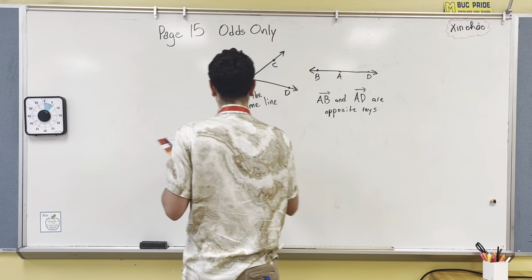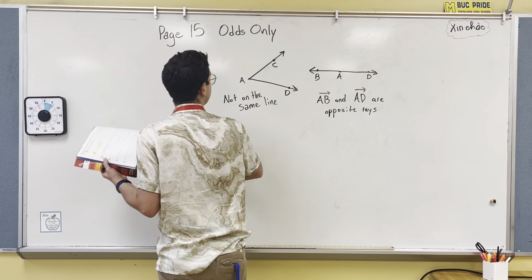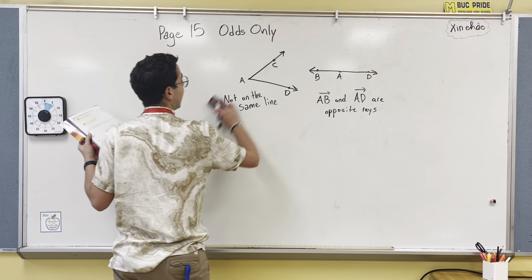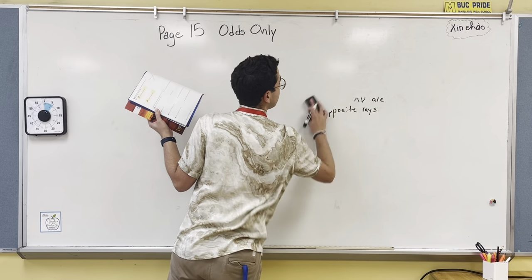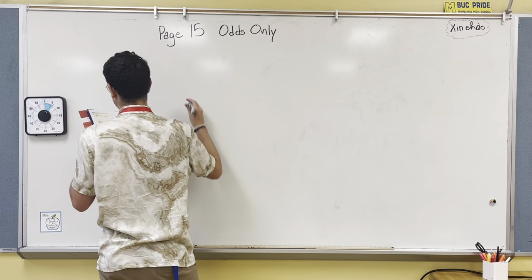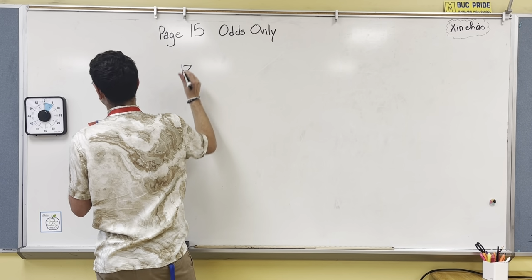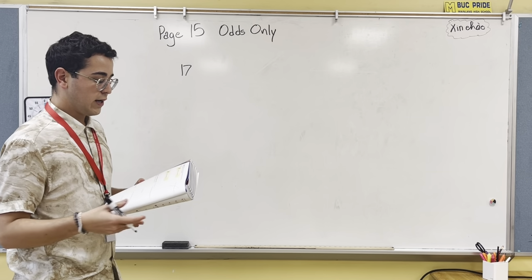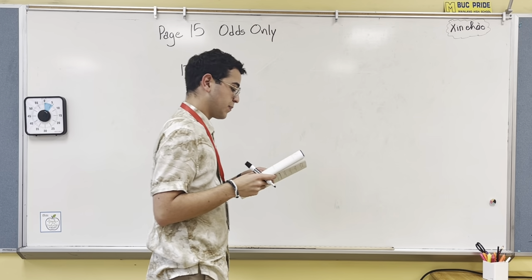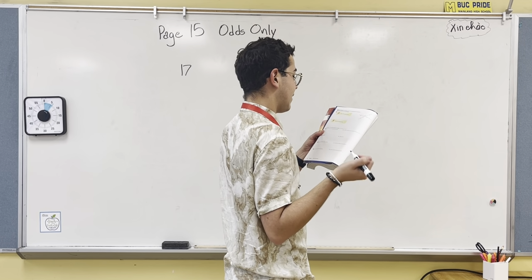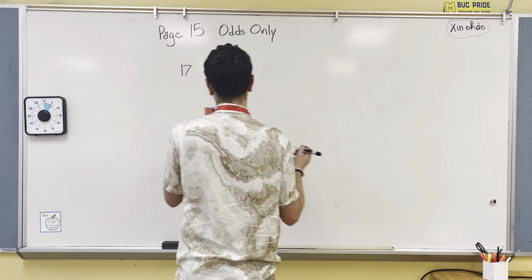Number 17. Here, we're going to use our creative skills to draw and sketch a figure. Plane P and line L intersecting at one point.